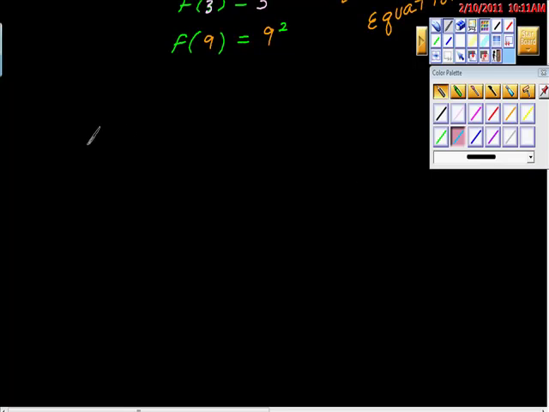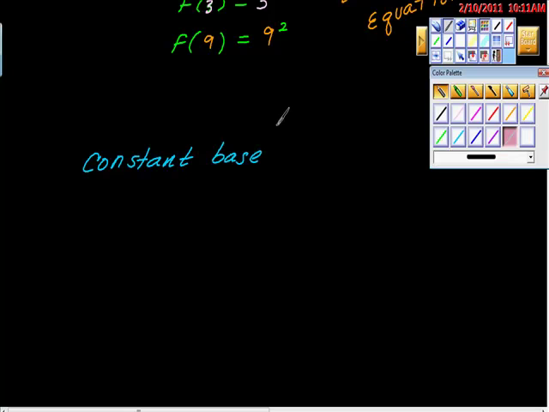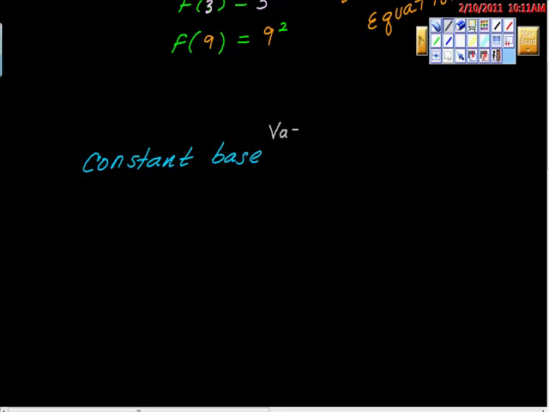So now, instead of having a variable base, we're going to have a constant base, with a variable exponent. So here we are, asking ourselves what makes it a certain type of equation.